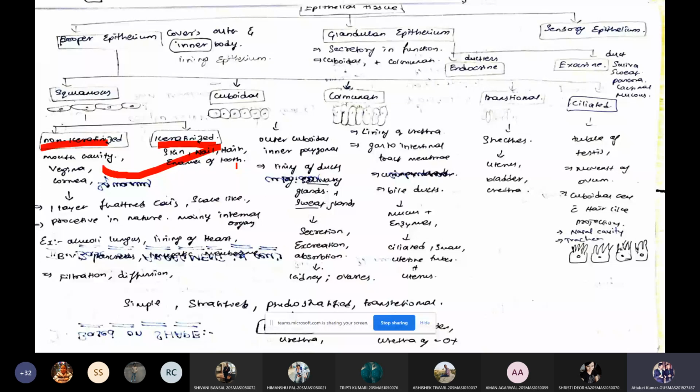Imagine a burial ground with many human dead bodies. That layer of human dead bodies can be stated as keratinized squamous epithelium. Literally, our beautiful skin is made of the dead bodies of our squamous cells.